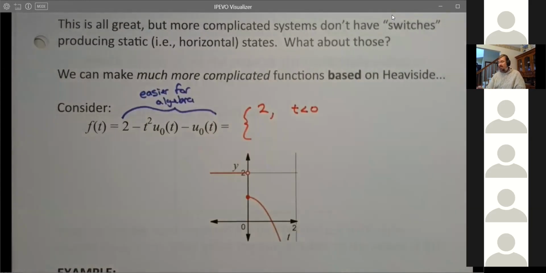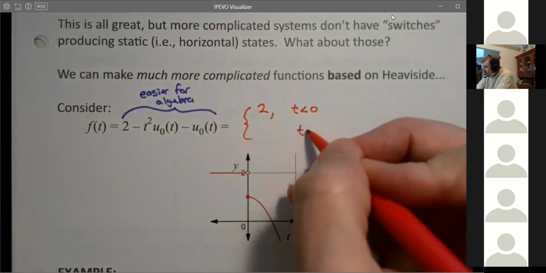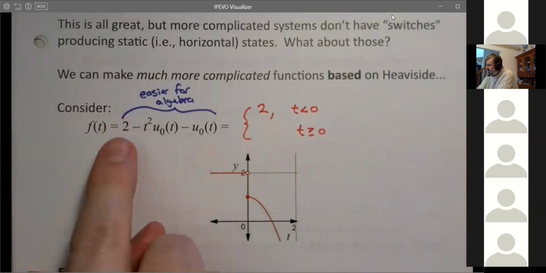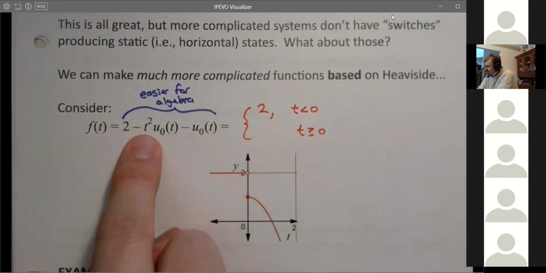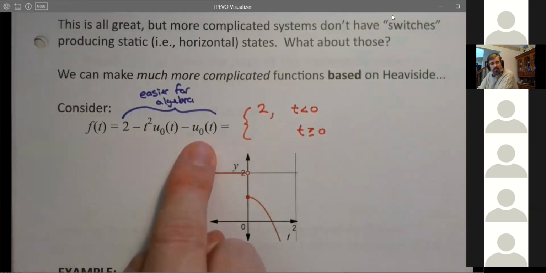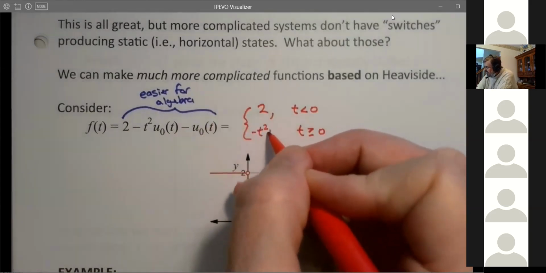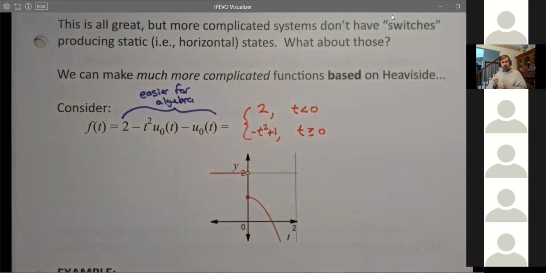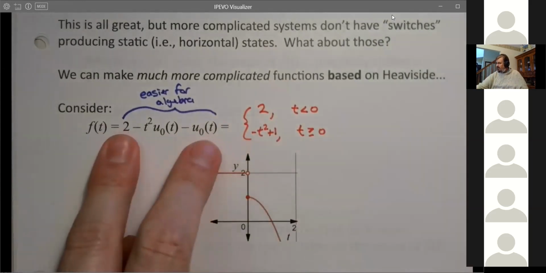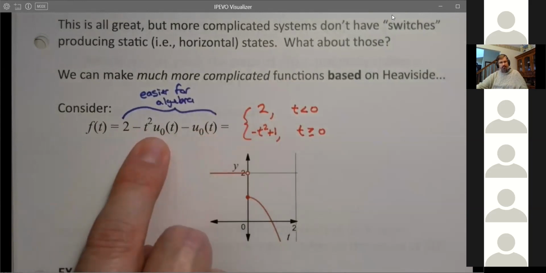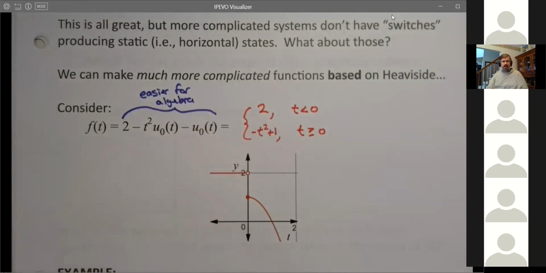And then as soon as t is greater than or equal to 0, this thing is going to behave like 2 minus t squared minus 1, or minus t squared plus 1. Right? Because you've got a constant here and a constant here, 2 minus 1, and then a negative t squared from that.